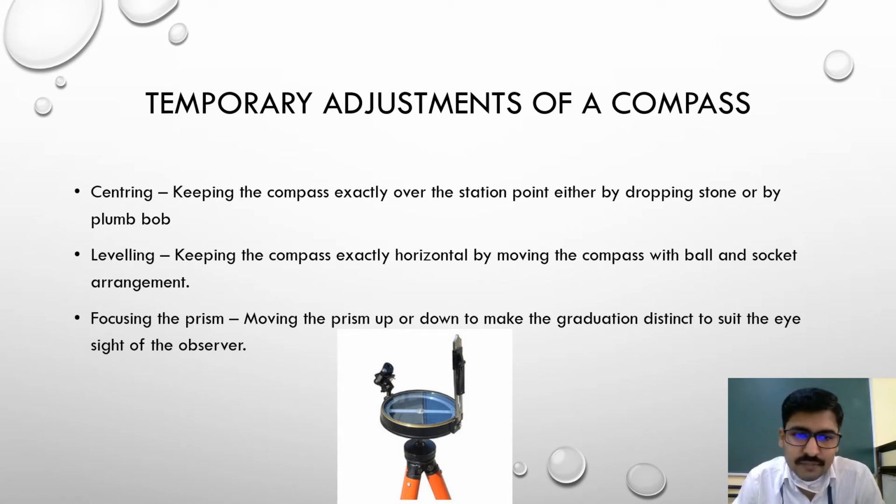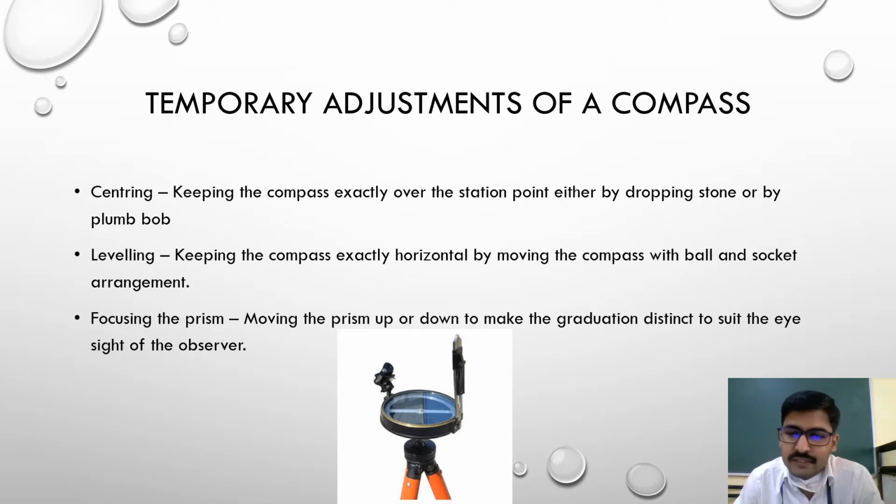So any equipment you take, you need to first carry out the temporary adjustments. Temporary adjustments mean, whenever you use your equipment or shift your equipment from one point to another point, any prerequisites or pre-adjustments to be made to use that equipment.